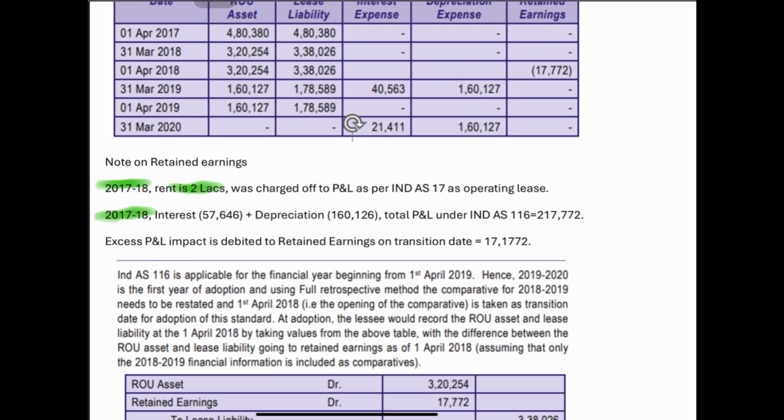Under the new method, 2017-18 interest is this much and depreciation is this much, so the total P&L charge will be 217,772, which is 57,646 plus 160,126. So the difference between these two methods comes to 17,772. Like that, you have to compute as on the transition date how much was already charged off to P&L and how much was supposed to be charged. The delta between these two will go into retained earnings.